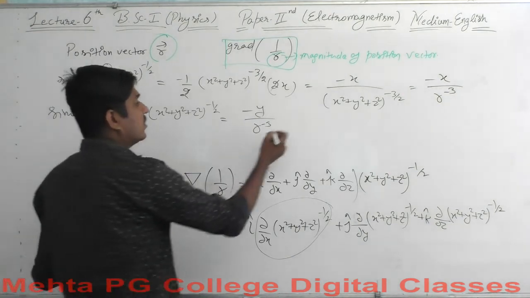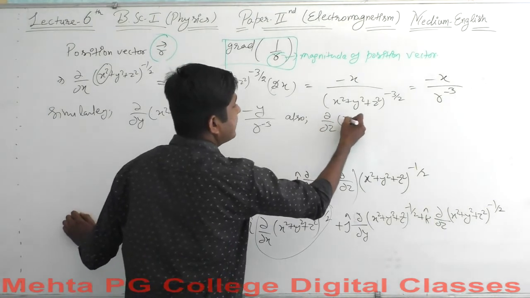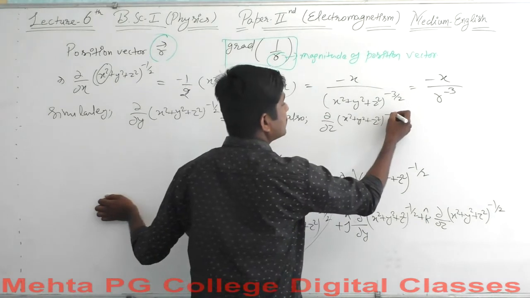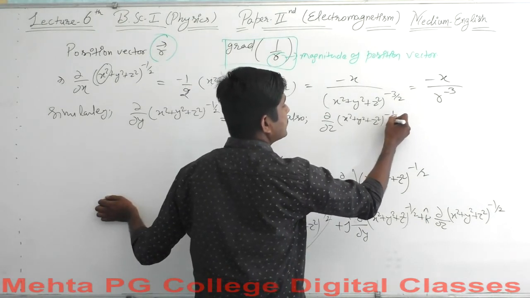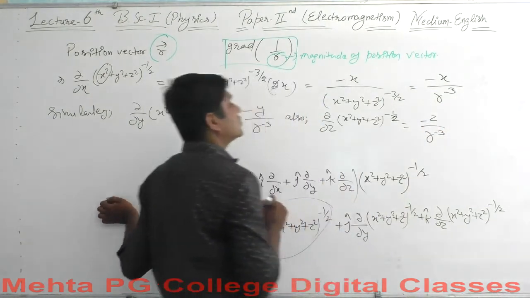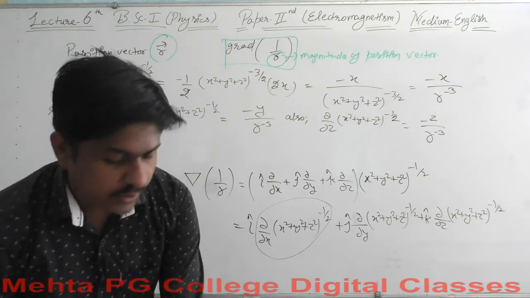And similarly, also ∂/∂z of (x² + y² + z²) to the power minus 1 by 2 will equal minus z over r raised to power minus 3. So these are the values here.